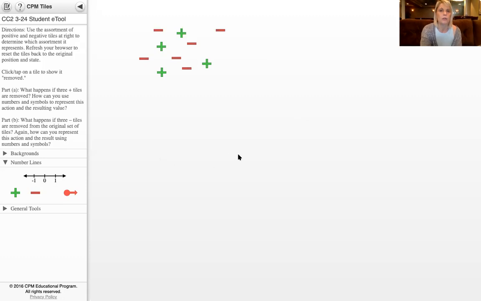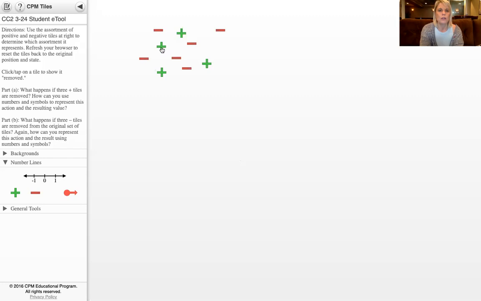Now, zero pairs are really important today with what we're doing. They matter a lot in subtraction. So to find out the value of all these tiles, you're going to have to get rid of all the zero pairs in order to see what number this actually represents.